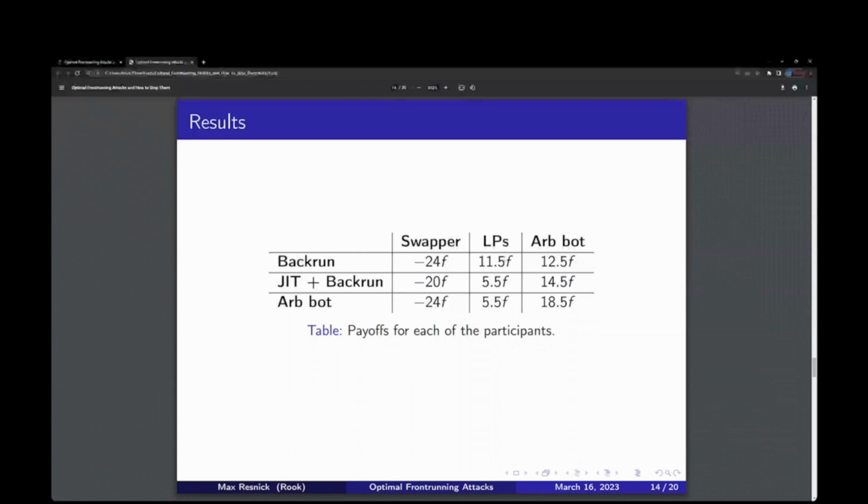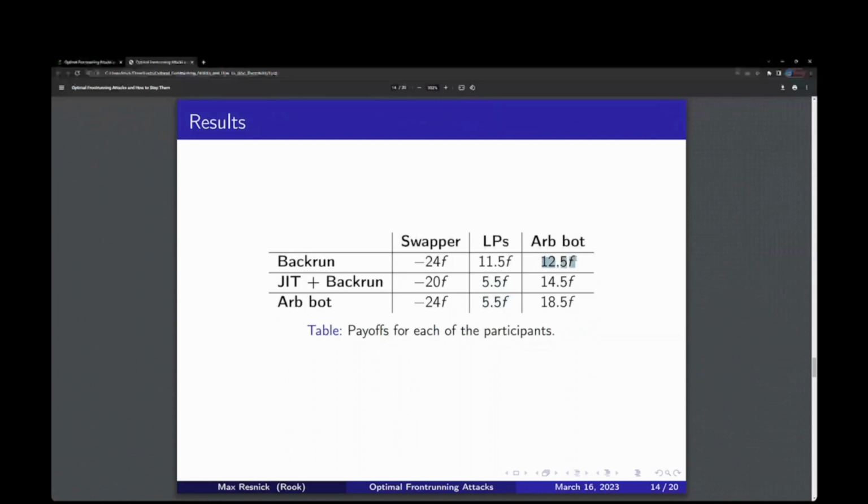And then the LPs, in the back run, are getting 11.5F, but in the JIT plus background, they're only getting 5.5F, because the JIT is coming in and taking some of their lunch, basically. And they're also doing worse when we do JIT plus sandwich.